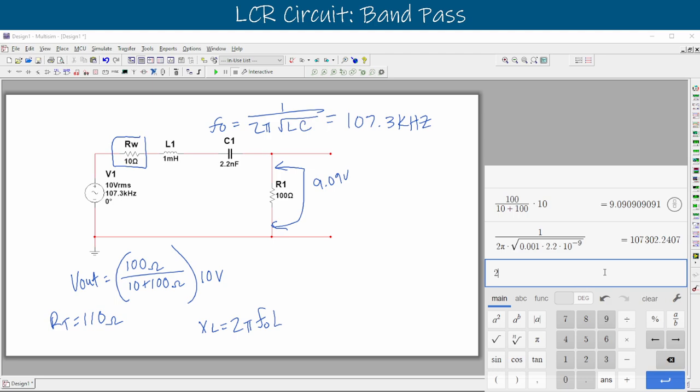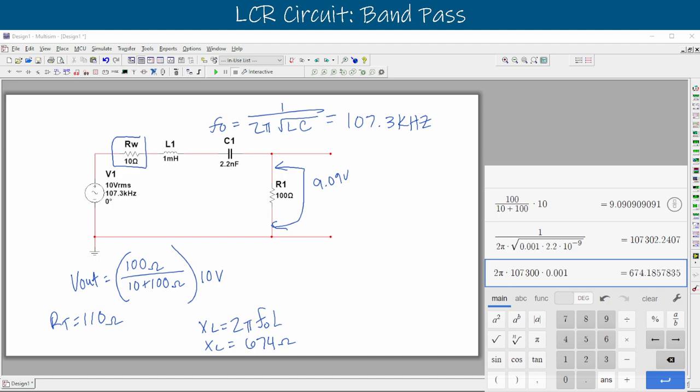Say that we have 2 pi times the cutoff frequency, that's 107,300, and we'll multiply that by our inductor value of 0.001. So we're left with an XL value. So XL is now equal to 674, and that's in ohms. That's our inductive reactance for that inductor.